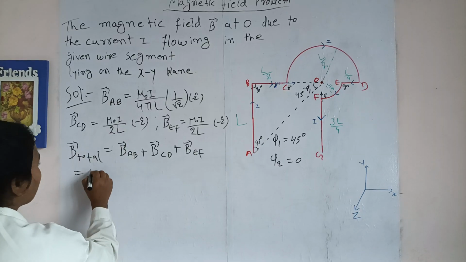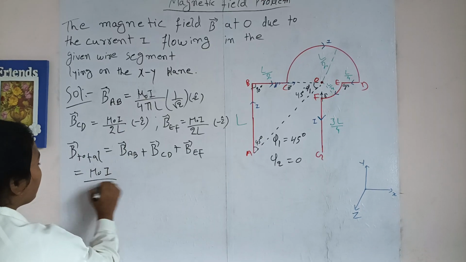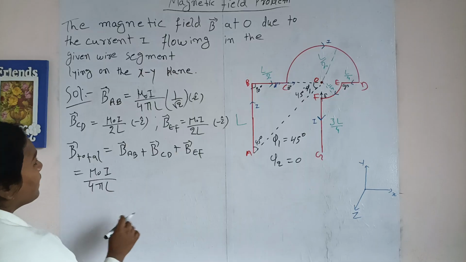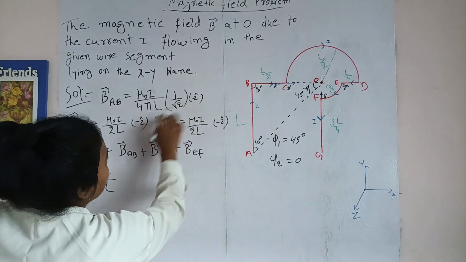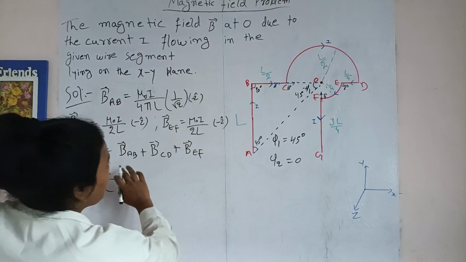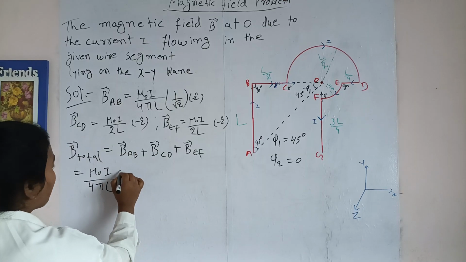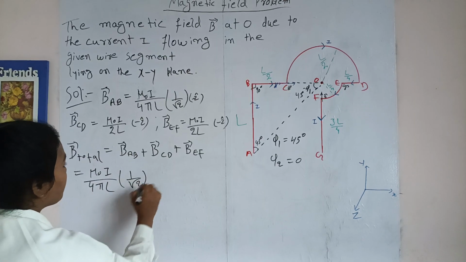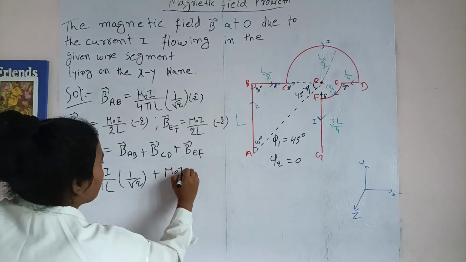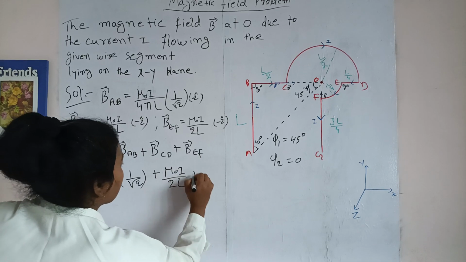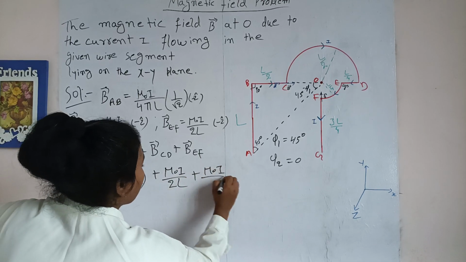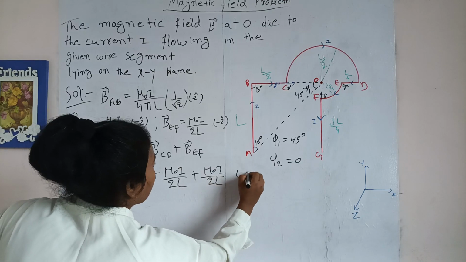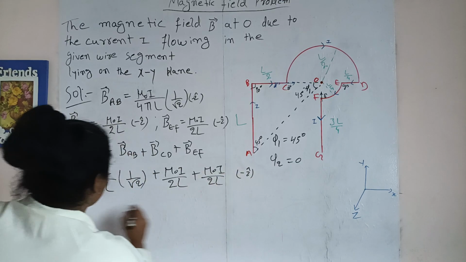Now add this value, mu naught I by 4 pi L times 1 by root 2, and since we can see all the fields have direction in minus z hat, we can simply add them: plus mu naught I by 2L plus mu naught I by 2L in minus z hat. The total field is in minus z hat.